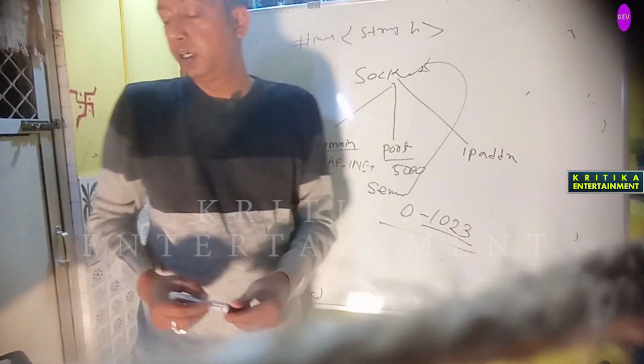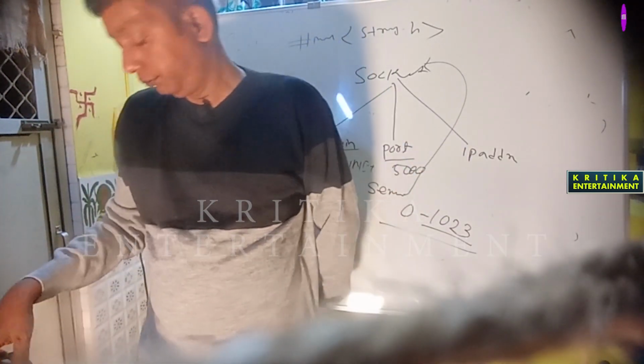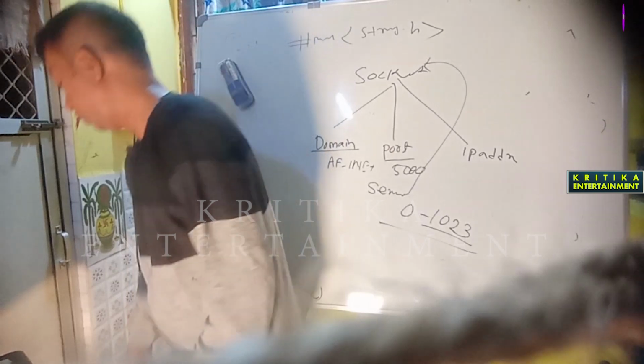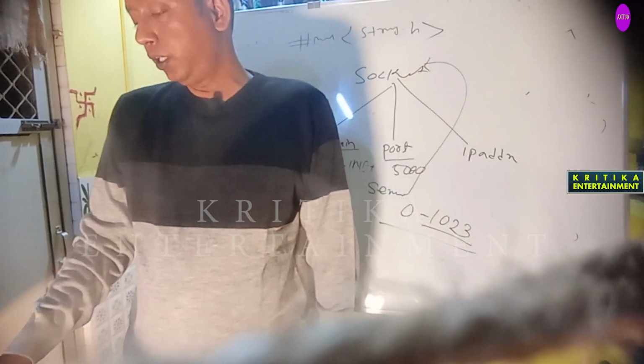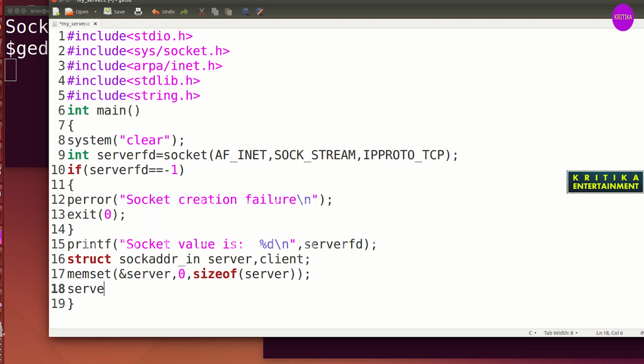Then the IP address. So here I'll write the program. server.sin_family is equal to AF_INET.